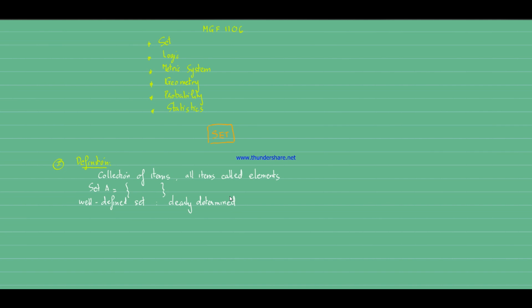It's not vague. For example, I can say the set of positive integers. We know which integers are positive.